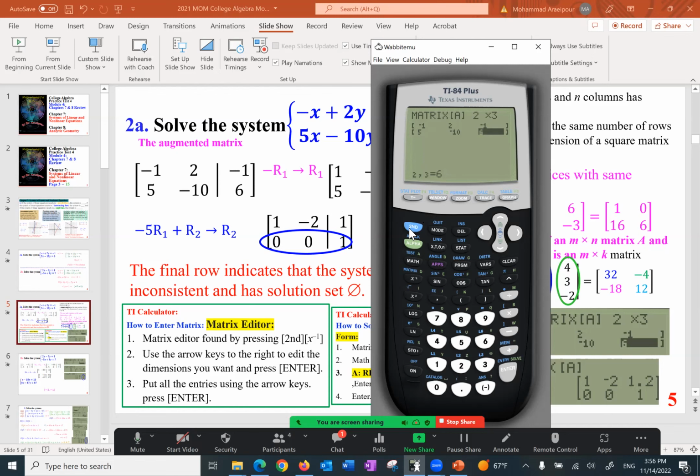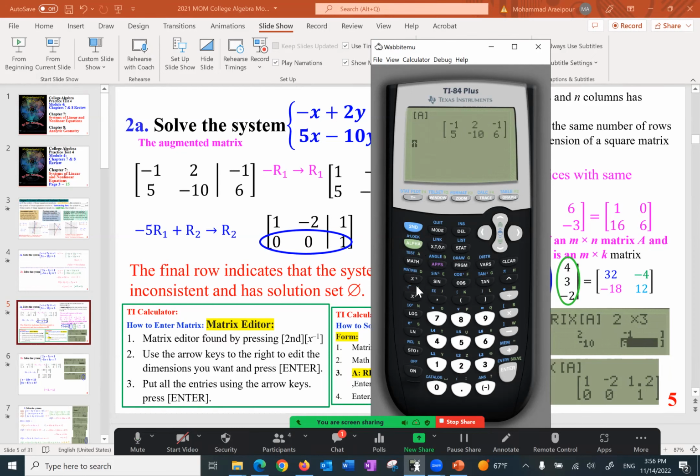Now, if you go second mode and then second x inverse again, if you enter that, it brings you the matrix.